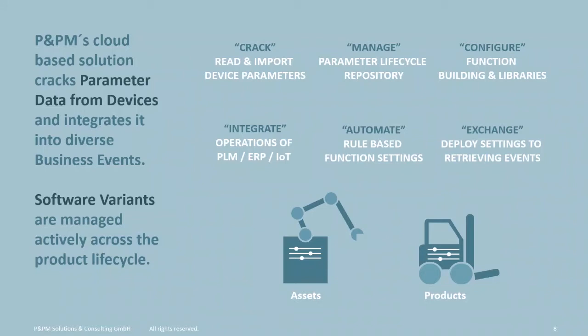Those functions are used for downstream business events so that you can integrate those functions to different operations events in your PLM, ERP or any other system. Based on rules, you can automatically provide functional settings to downstream events. Our solution offers diverse scenarios to deploy parameter settings to your devices.